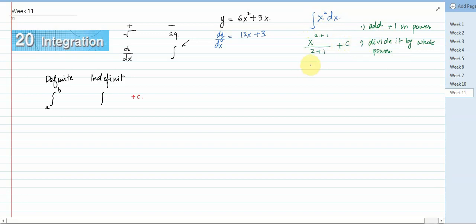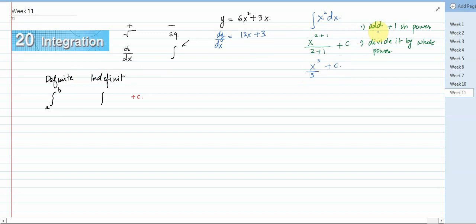The final answer we have is x power cube divided by 3 plus c. That is your integration. Now if you remember that while studying the differentiation, what we did, we subtract 1 from the power, and in integration we are adding 1 in the power. So they are two reverse functions, right?